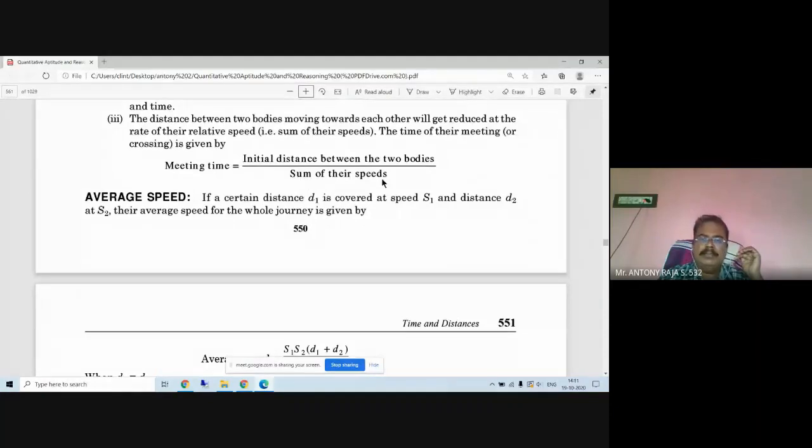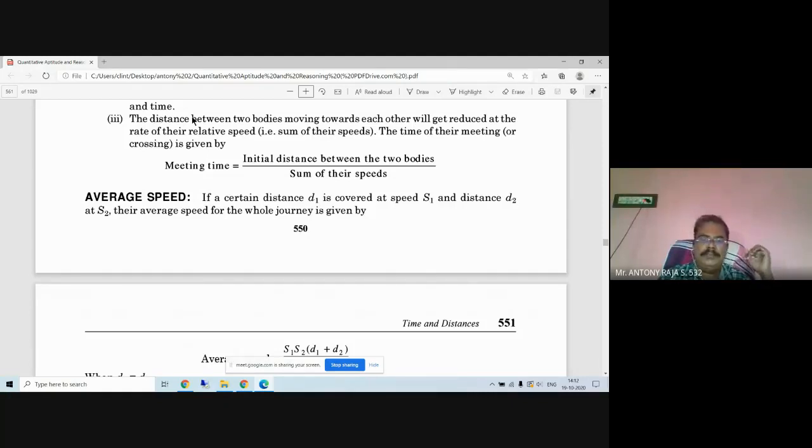So it is a simple formula. This type of problem is available in the examination. You can select a short distance. Assuming that a train is moving from Coimbatore to Erode, and another train is moving from Erode to Coimbatore.